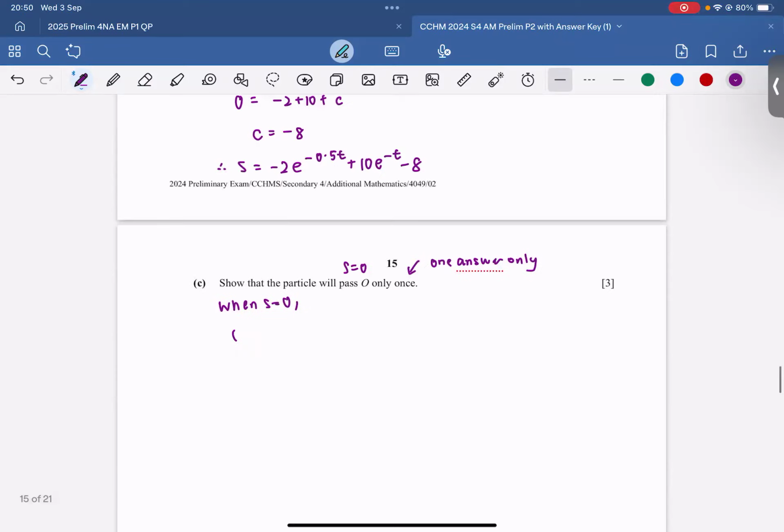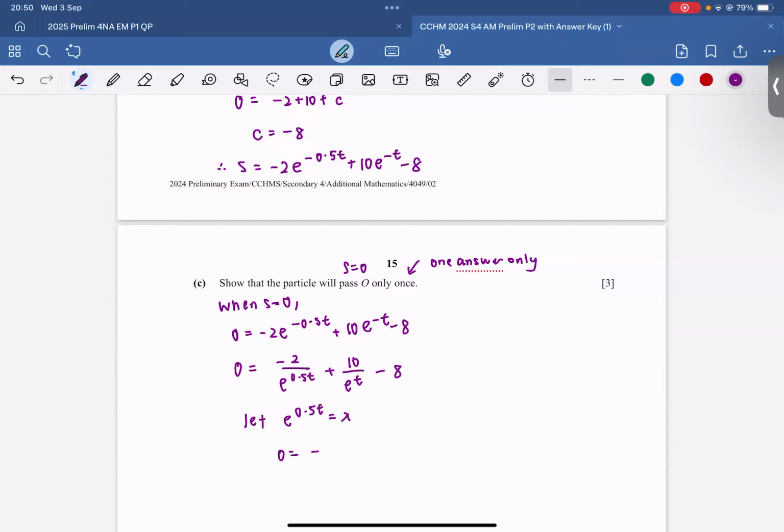we will have 0 equals -2e^(-0.5t) plus 10e^(-t) minus 8. Again, when you see you have plus and minus, please do not take log just because the e is there, because got plus minus. So over here we do substitution again. Let e to the power 0.5t be equal to x.